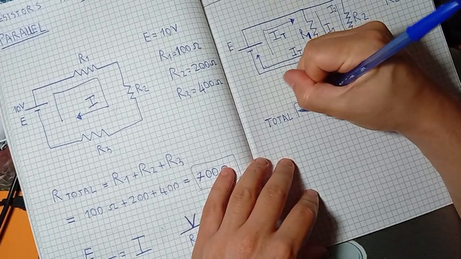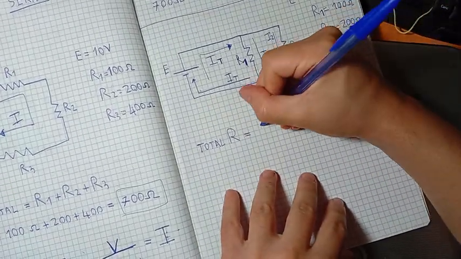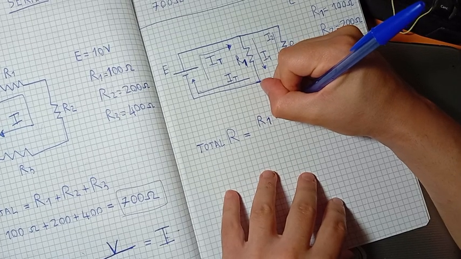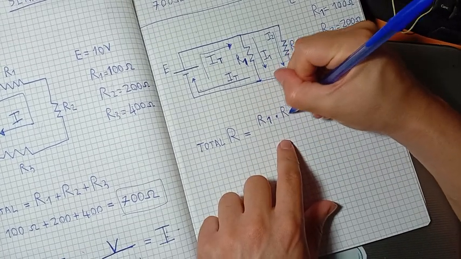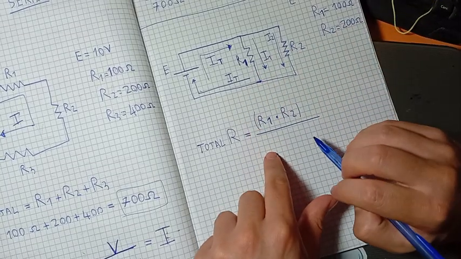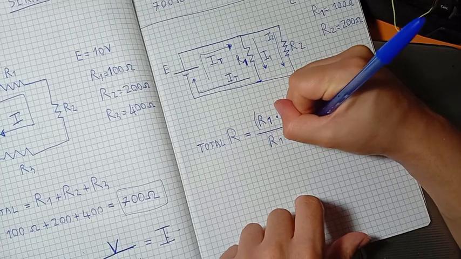In this case, our total resistance will be R1 multiplied by R2, all this divided by R1 plus R2.